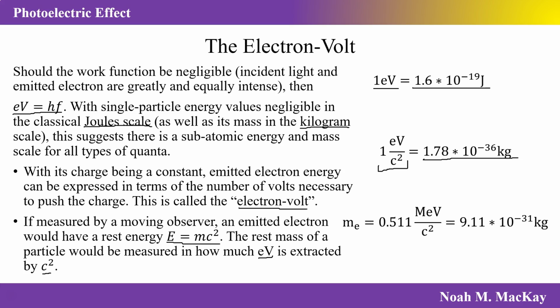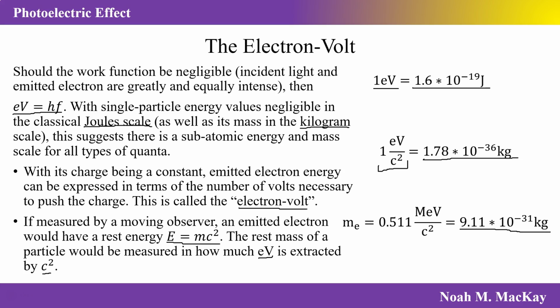So when you have very small particles with negligible masses at this scale, if put into the eV over c squared scale, they seem more massive than they actually are. Take the electron mass, for example. We know the electron mass to be this value here.